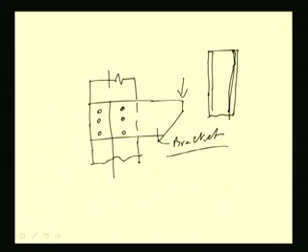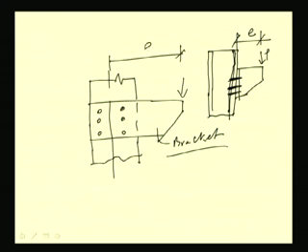Here we are providing the rivet, here it is P. So the eccentricity will be this much here, and here the eccentricity will be this much.